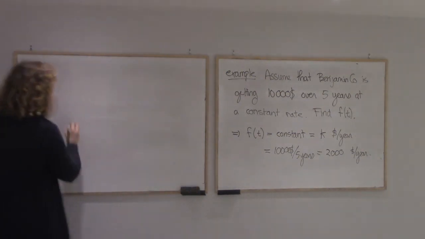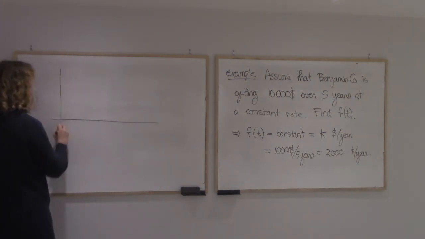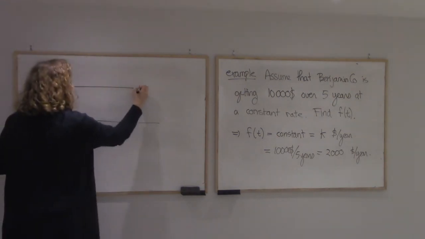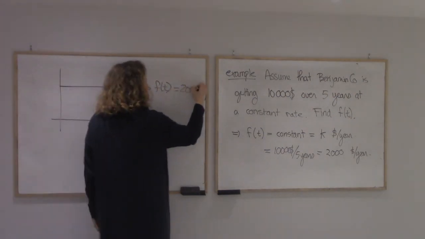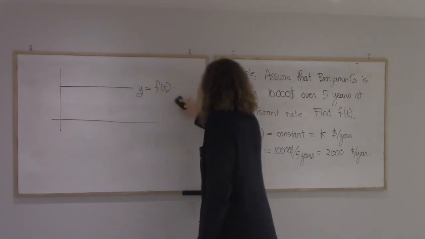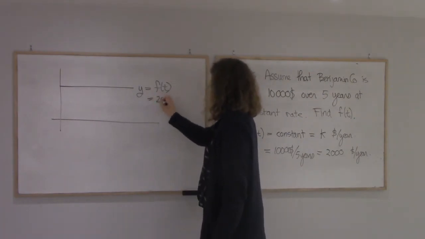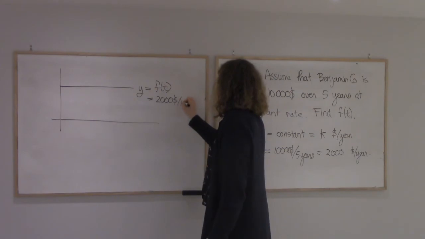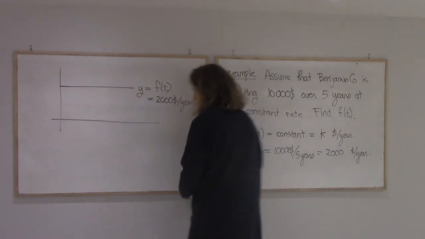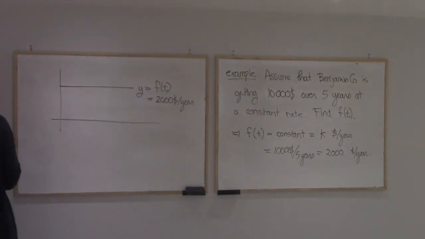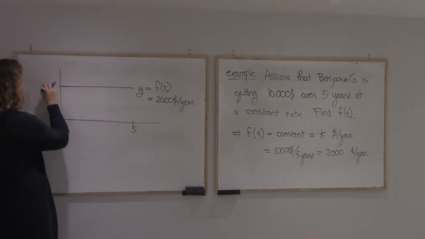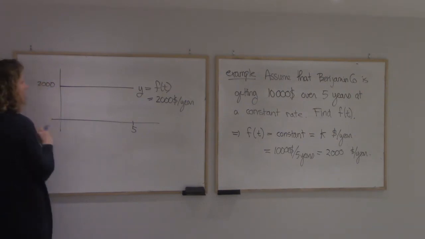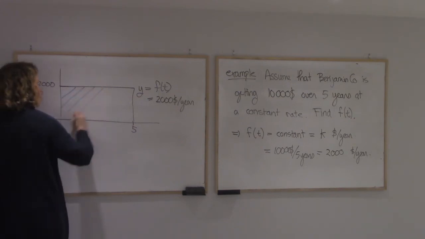And so let me draw a picture. We start at time 0. We have f of t here, which is $2,000, and we're looking at 0 to 5. So this is at a height of $2,000. And something I want you to notice is, what is this area?